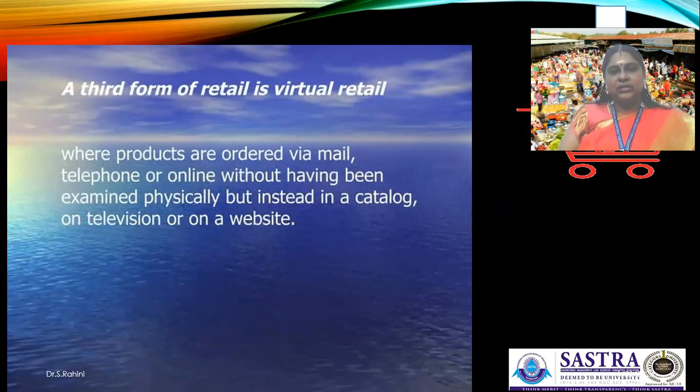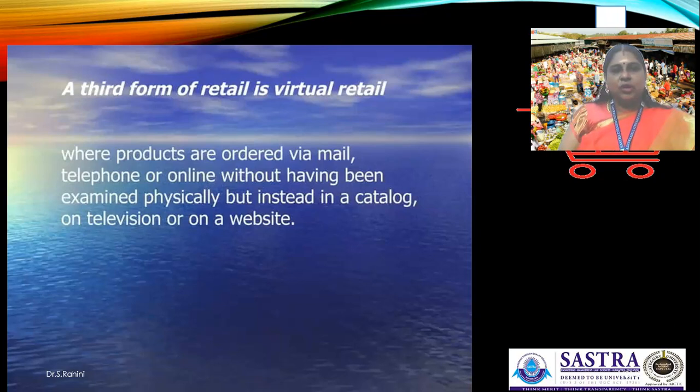As you all know, online retailing or virtual retail is where products are ordered via mail, telephone, messages or online without having been examined physically, without touching the product or finding out the texture or the quality.